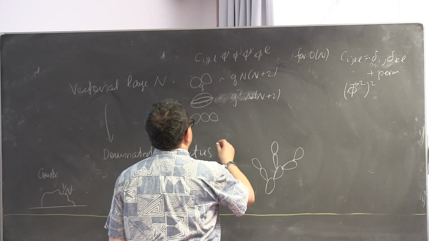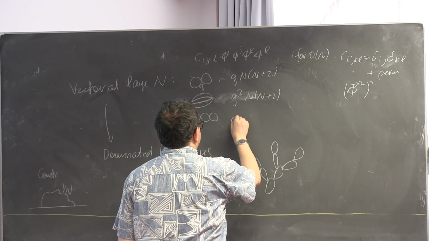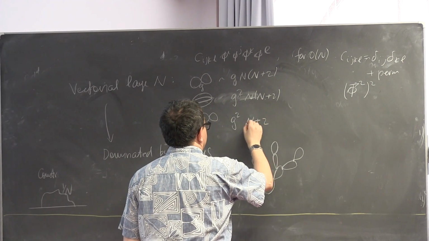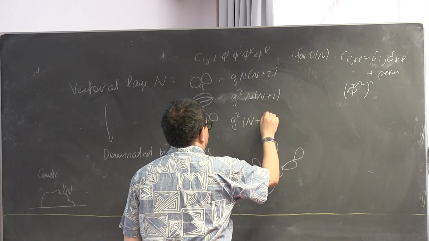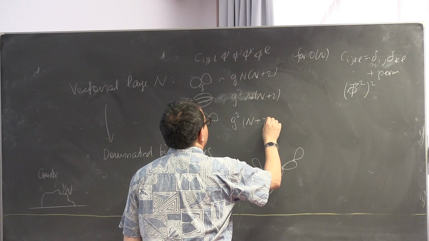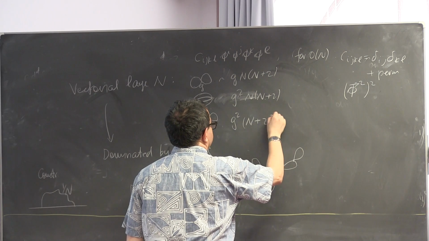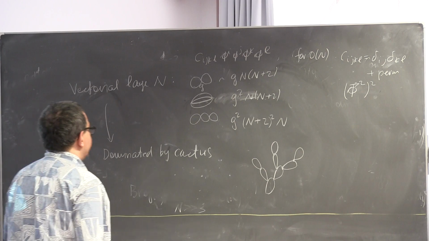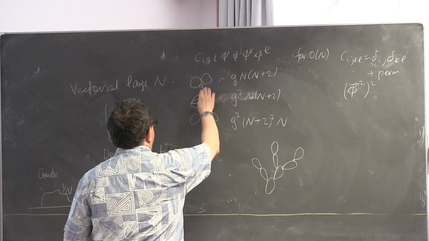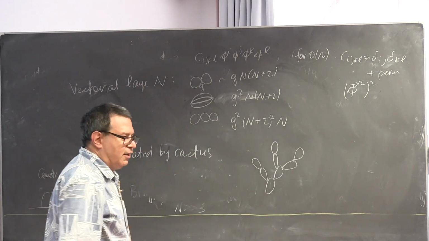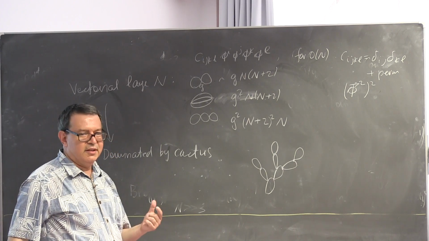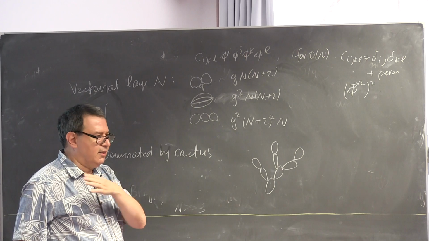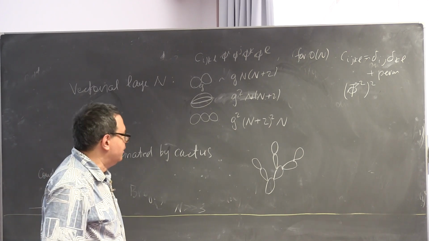And this one scales like g squared (N+2) squared, sorry, (N+2) squared N. So you see that just from these simple diagrams, and you can look at the detailed notes where this calculation is done, the one that I wrote down at the beginning of my lectures.